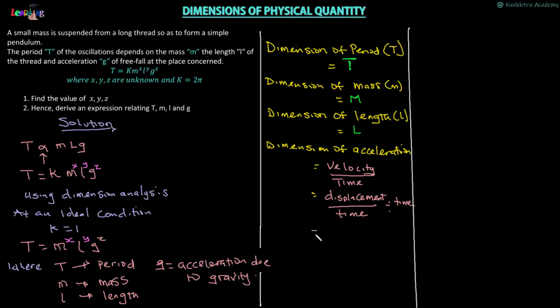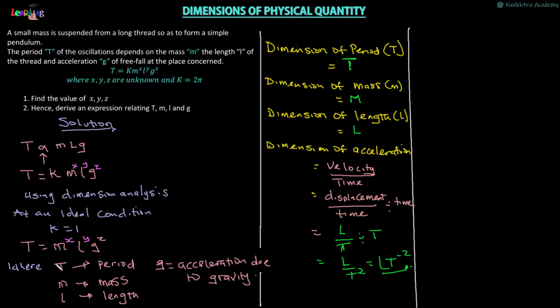The dimension of displacement, which is length measured in meters, is L. The dimension of time is T. Then the dimension of acceleration is L over T squared, which is LT raised to power minus 2.